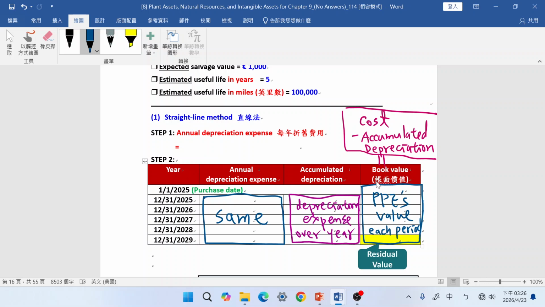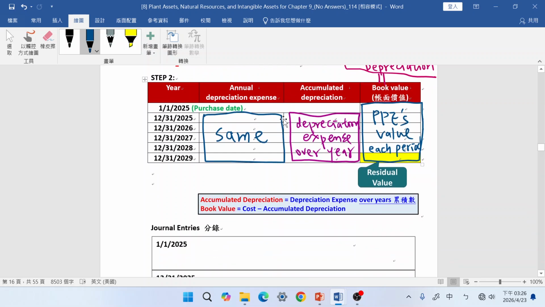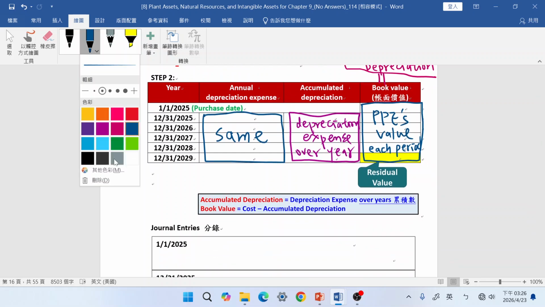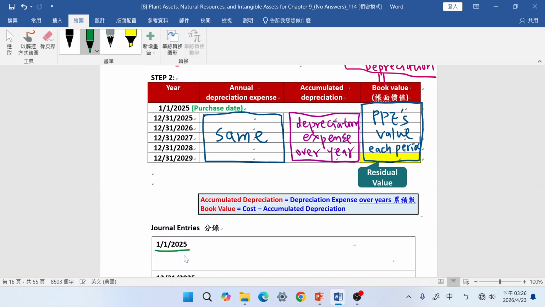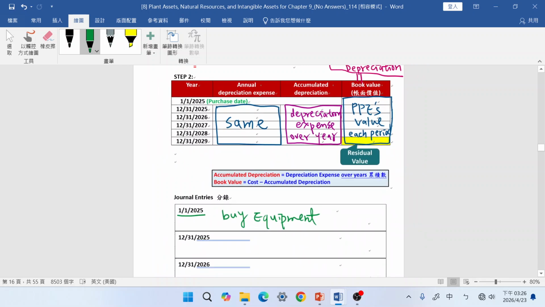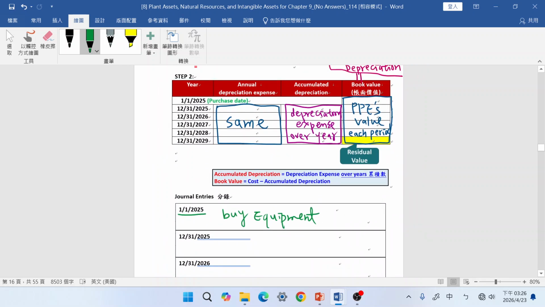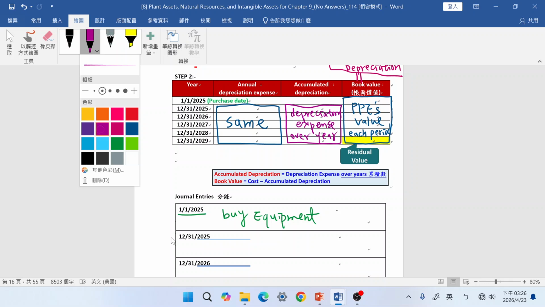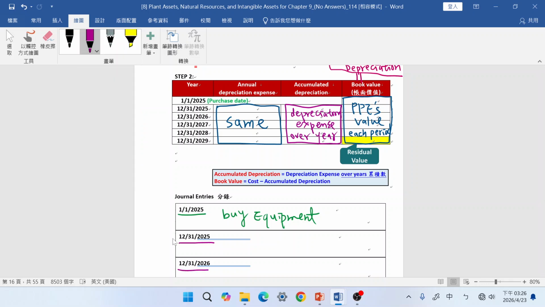And don't forget, after you have all the amounts you need, you can use the table to do the following things. So what's the following thing we want to do? Journal entry, right? So on the first day, what happened? On the first day, you buy equipment. Okay? Then what's next? At the end of each period, what should we do?